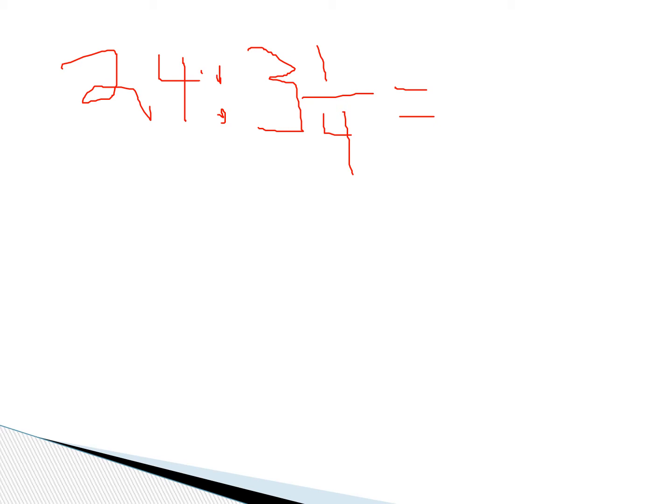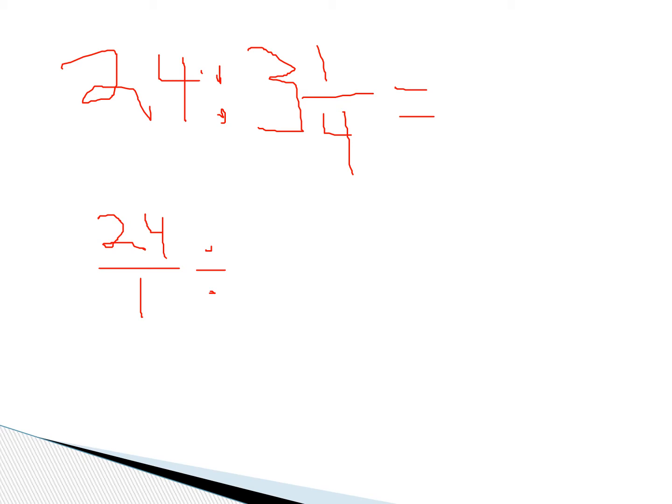Okay, so I can go ahead if I want to kind of write this out as a division problem. Then I can take my 24 over 1, because that's the same value. Now I'm going to divide. I'm going to change this now to an improper fraction.